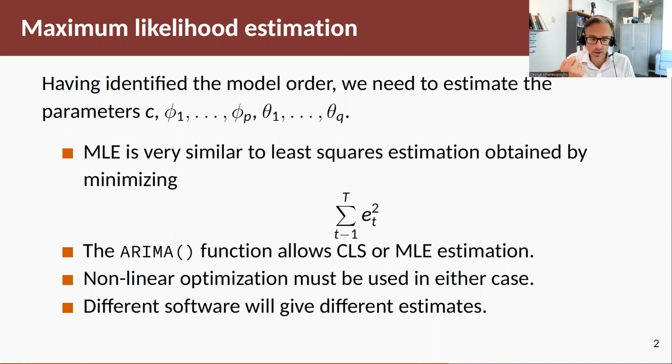One is that different software might be optimizing different criteria. Some might be doing conditional least squares, some maximum likelihood, some full maximum likelihood versus conditional maximum likelihood, and so on.